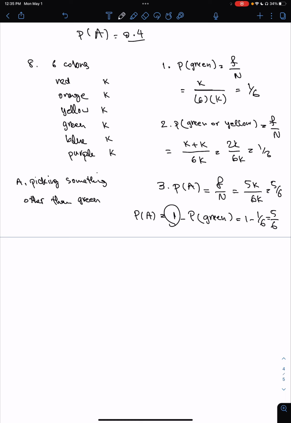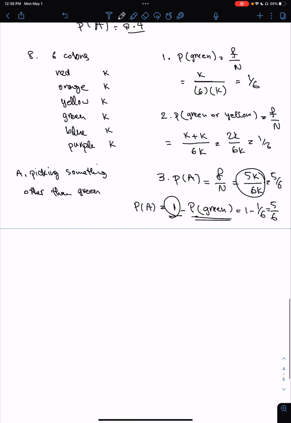Here it was easy to figure out this 5K over 6K, but sometimes it's not that straightforward. So sometimes it's easier to find the probability of things that we don't want to see, and then subtract that from every other possible condition. So that is question 8.